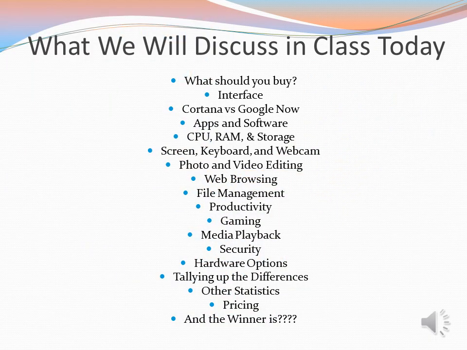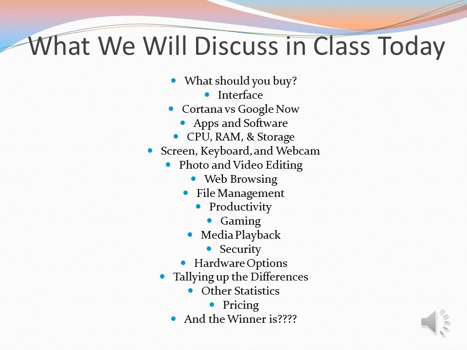So this class is quite large. There's a lot that we're going to be discussing and going over that has to do with Chromebooks and Windows 10. So what we're going to discuss in class today is what you should buy, the interface of both of those systems or computers, as well as what the difference is between Cortana and Google Now, also known as OK Google.